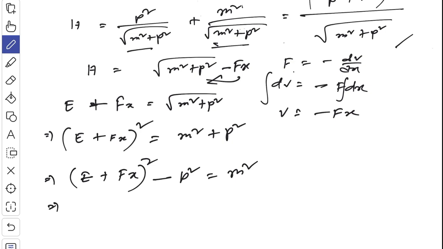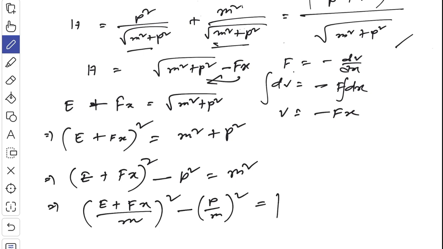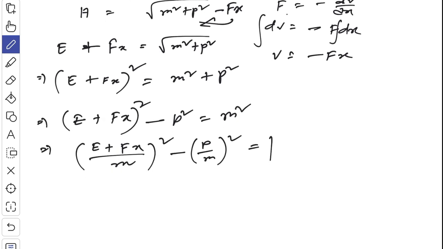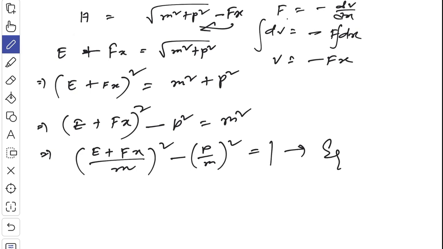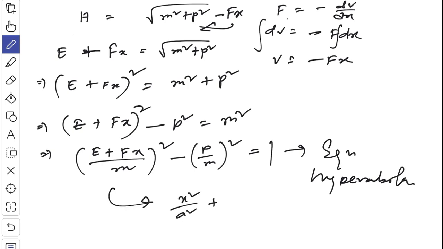Dividing both sides by m square, then you will get (E plus Fx) by m whole square minus (p by m) whole square is equal to 1. And this is the equation of a hyperbola. This is the equation of a hyperbola. If you compare with this equation, x square by a square minus y square by b square is equal to 1.